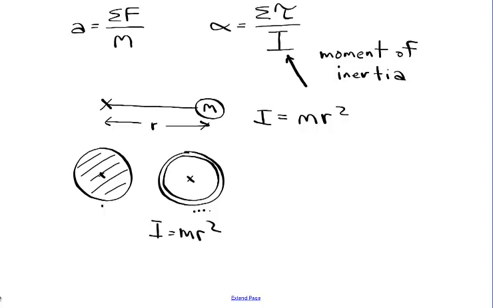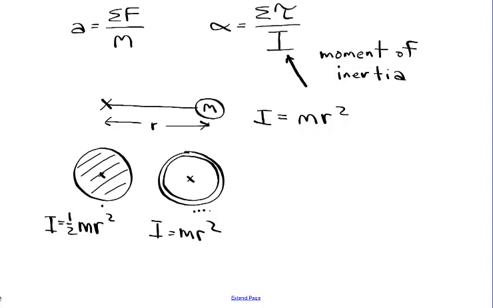It's similar to a point mass. It's just a bunch of point masses. But because this disk concentrates some of the mass towards the center, it only has half the inertia of the other shape. So not only does the mass matter, but the distribution of the mass matters.